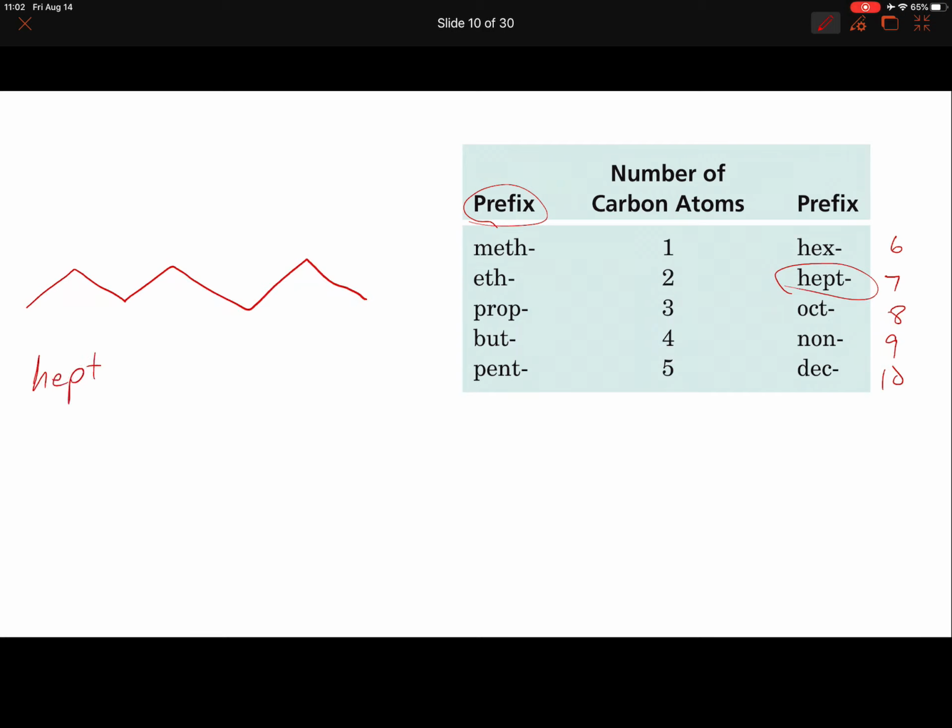Now because this is an alkane, we're going to name it ANE, so heptane. If this was an alkene that still had 7 carbons, the only difference is that for alkenes we name them ENE, so this would be heptene. But it's not. This is heptane.